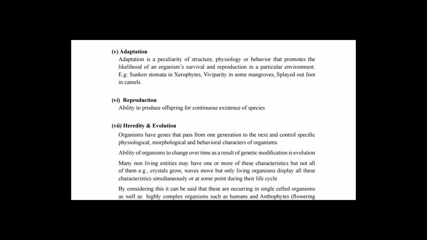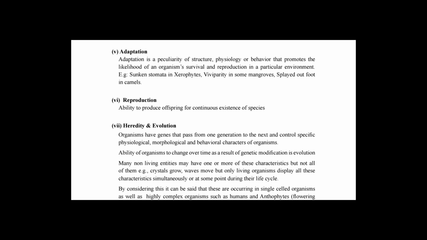Viviparity in some mangroves, that's the next example. Viviparity is a reproduction related phenomenon where embryos grow directly on the body of the mother, okay. So this is an example where mangrove plants show viviparity.